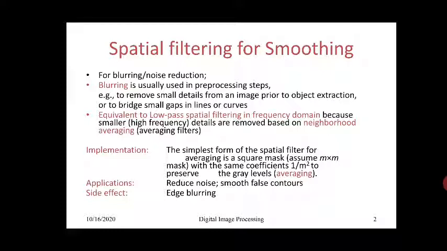For image smoothing, a simple example or simple application we will consider is averaging. Now, how will the averaging be performed? Let us consider an image from which I take a 3 by 3 pixel sample.